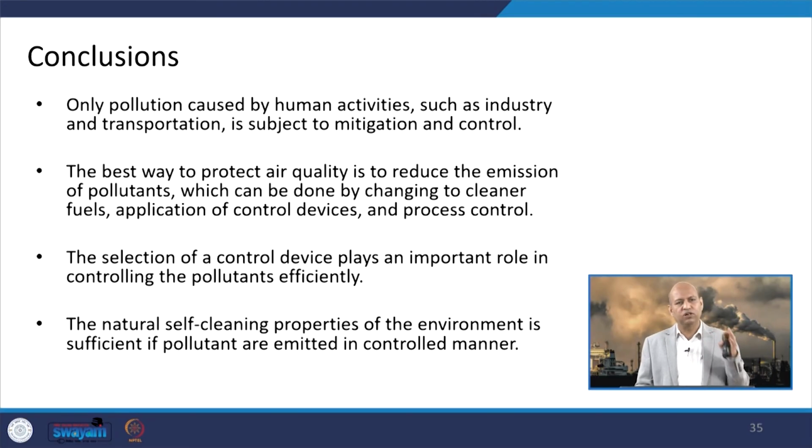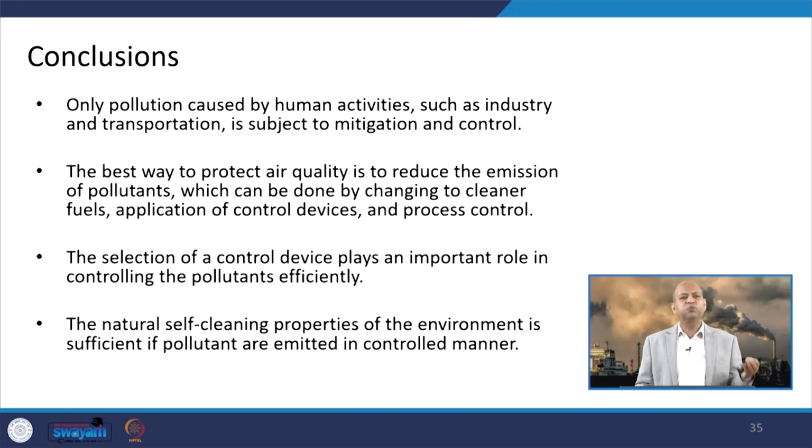Basically, when we talk about air pollution control, we are talking only about controlling air pollution emissions from human activities, and the best way to protect air quality is to reduce the emission of pollutants at the source itself. That means having cleaner fuels or applying control devices and process control at the source itself, so that you do not need to clean the air afterwards when it is coming out from stacks, etc.